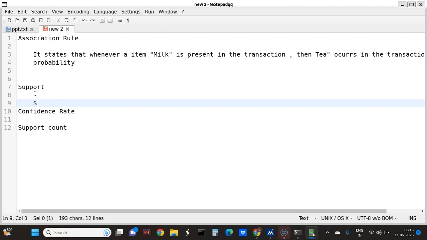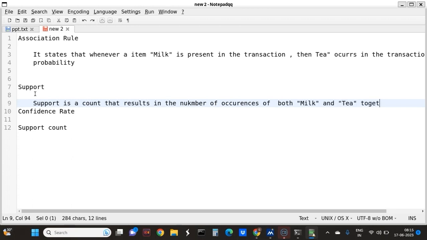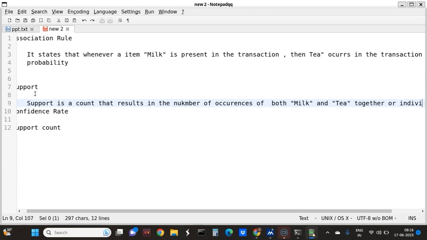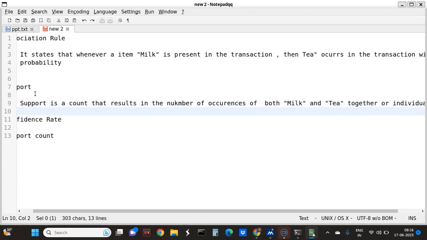So what is support? Support is a count that results in the number of occurrences of both milk and tea together or individual. What is the meaning of this?